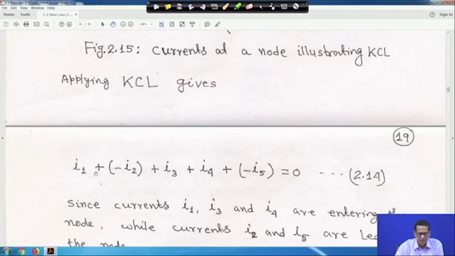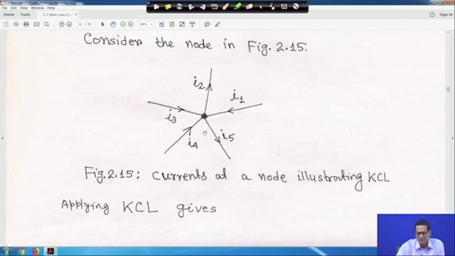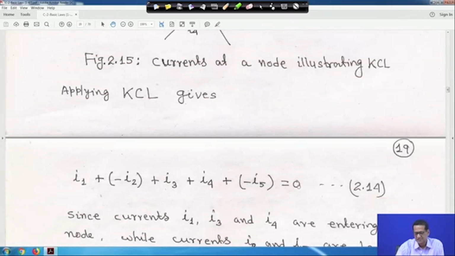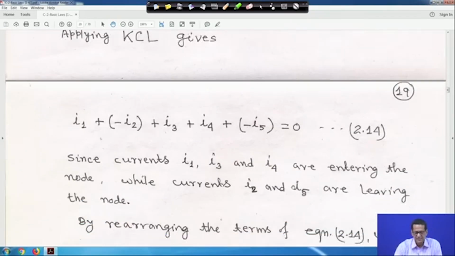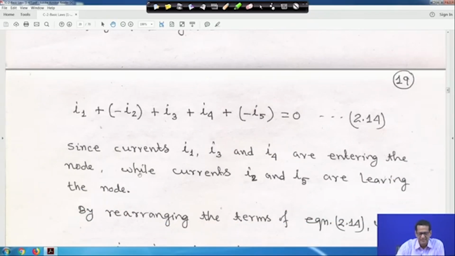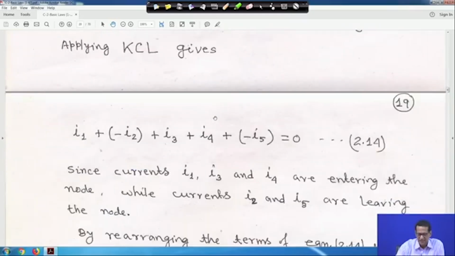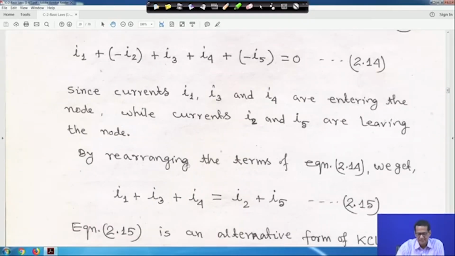Currents I1, I3, I4 are entering the node, while currents I2 and I5 are leaving the node. Rearranging, the incoming current I1 plus I3 plus I4 is equal to the outgoing current I2 plus I5.